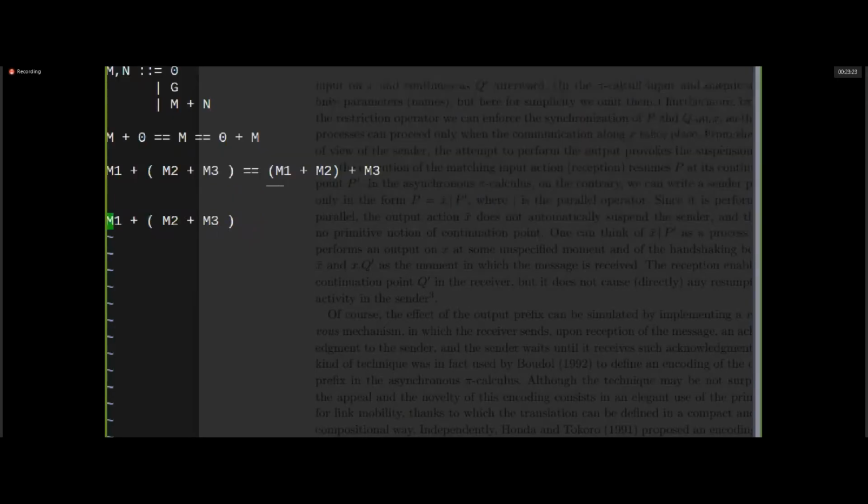So you'd say that if you know that M2 plus M3 goes to M4, then you know that M1 plus open paren M2 plus M3 close paren goes to M1 plus M4. Does that make sense? Can you guys visualize that rule?